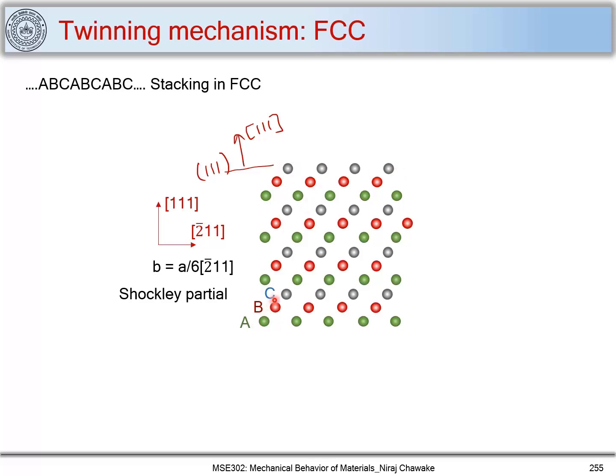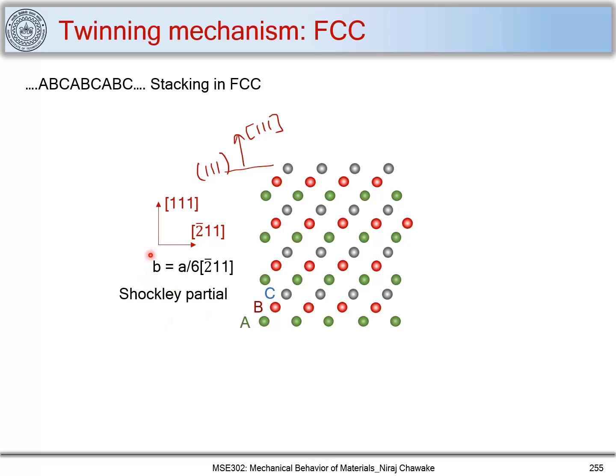This is a stacking of ABC, which are {1 1 1} planes, and you have this direction, bar 2 1 1, and you can see here the Burgers vector, which is a/6 [bar 2 1 1], which is nothing but a Shockley partial.